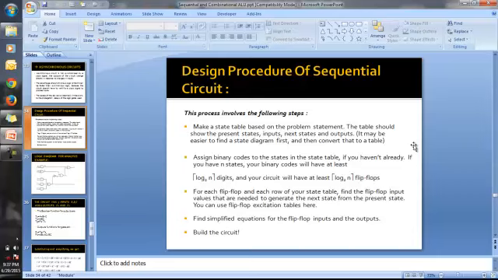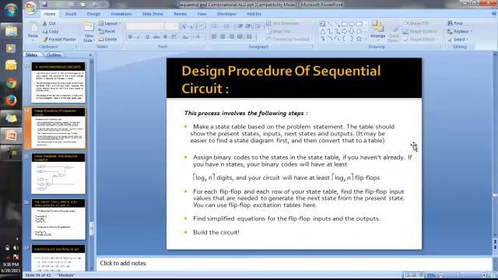Assign binary codes to the states in the state table. If you have n states, your binary code will have at least log2 n digits, and your circuit will have at least log2 n flip-flops.